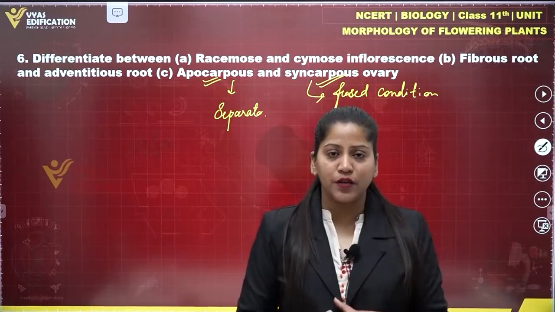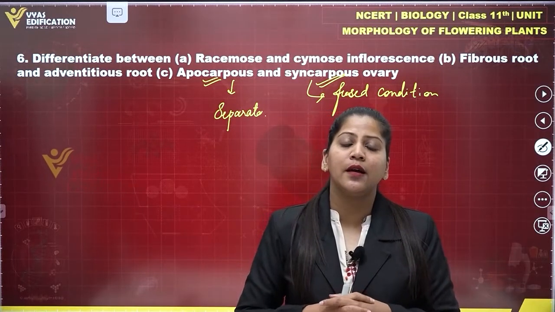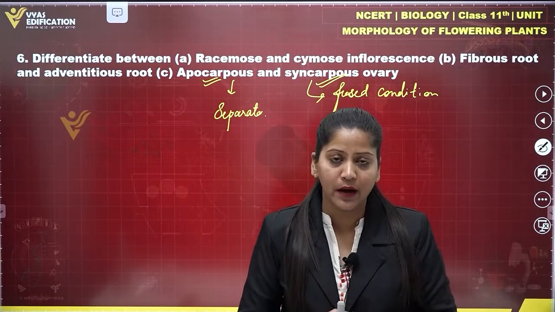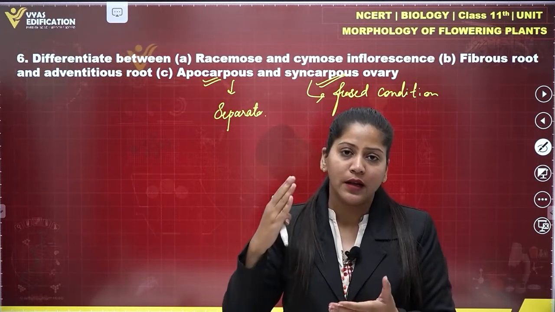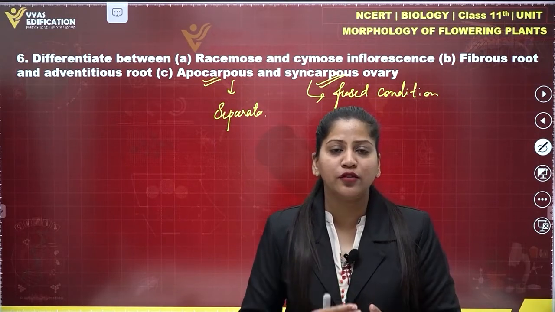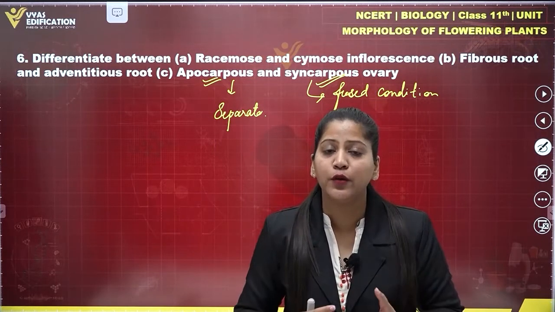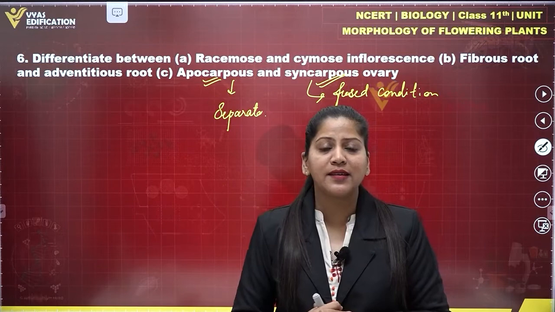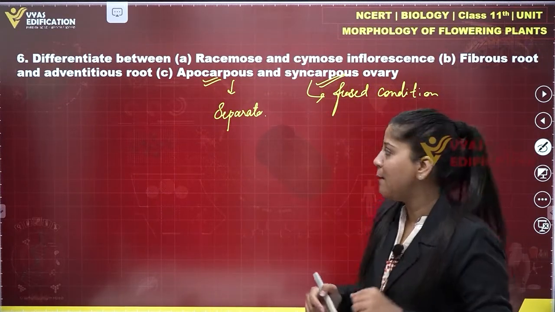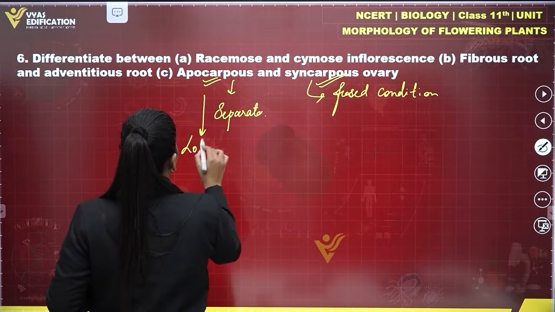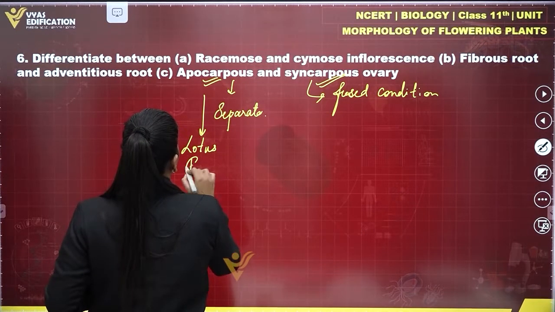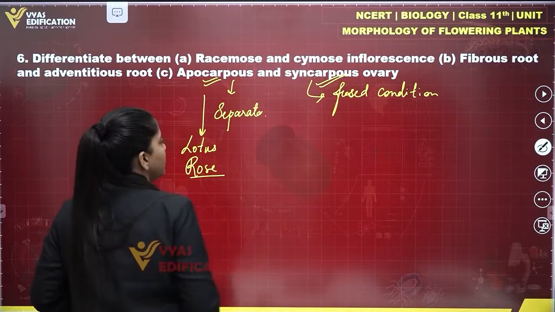In both conditions, the carpels are present more than two in number, but apocarpous ovaries are those where the carpels are not fused with each other. They are present separately. Examples of the apocarpous condition are lotus and rose.